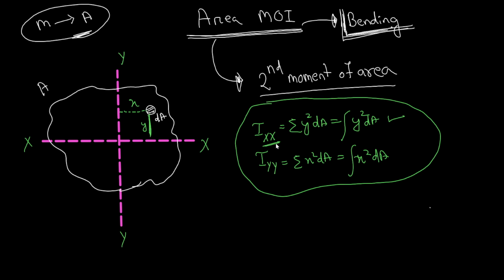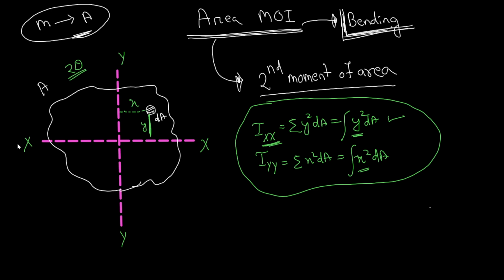Here also you depend upon the perpendicular distance. As the distance increases, the value will also increase. In the mass moment of inertia, what is the difference? This is a plane figure, a 2D figure. In the plane itself, I am drawing two axes.